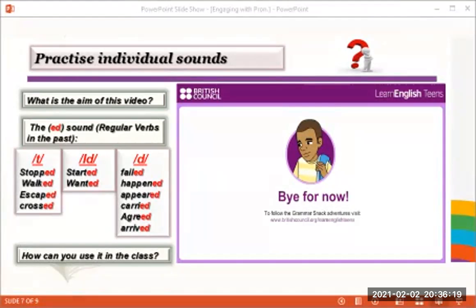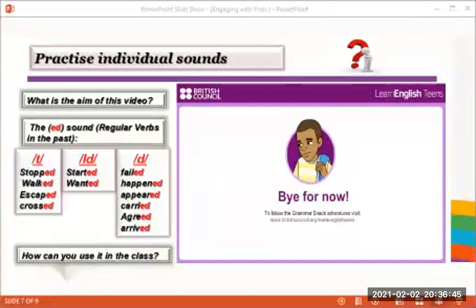Yes, I can divide the board into 3 sections. I give examples about T and D and its sound. We give a model and let pupils practice or give me verbs that have the same sound. Okay, I did this last year.